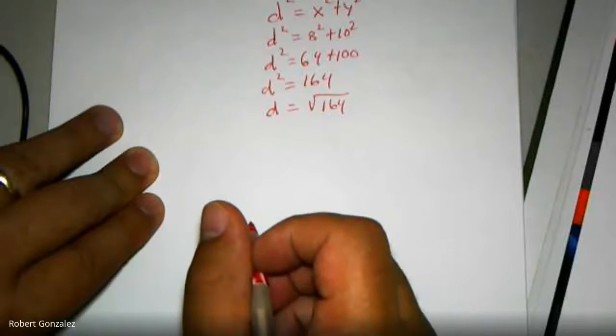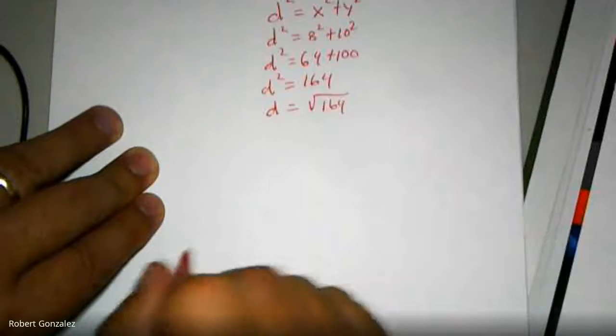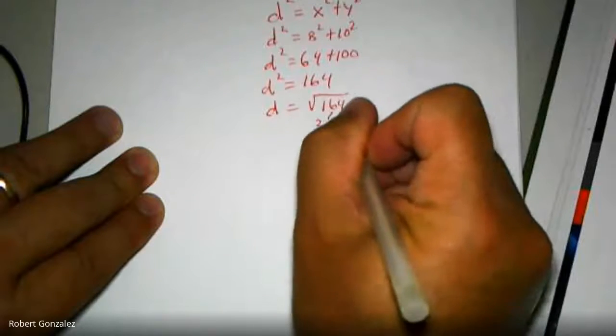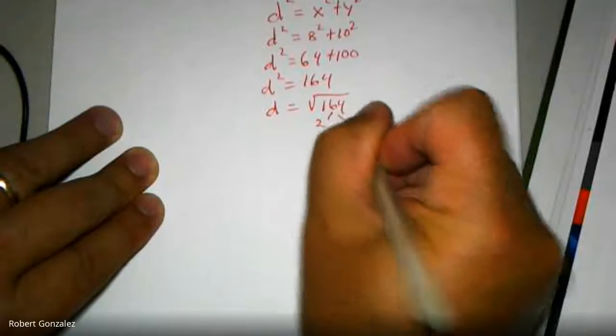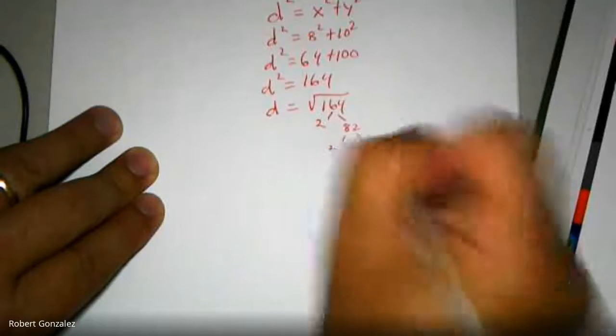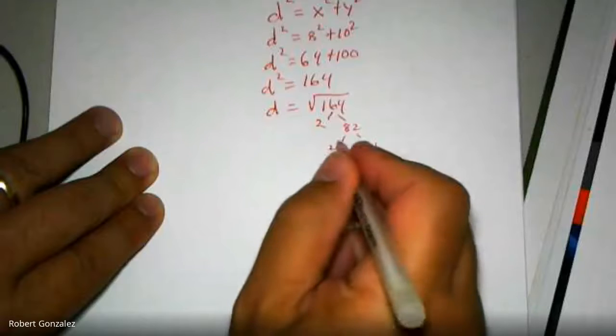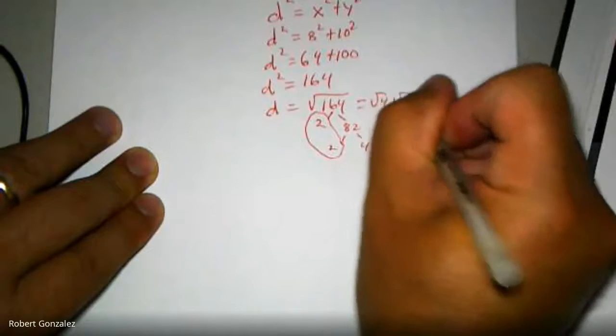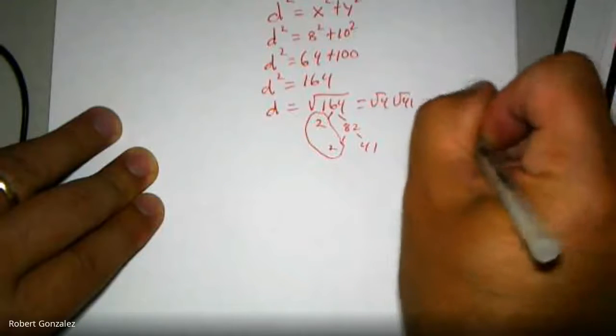Let me go through my way because I don't know the biggest perfect square that goes into it. So I'm going to do a factor tree. 2 times 82, 2 times 41. That's already prime. I can change this to radical 4, radical 41, which is 2 radical 41. I hope I'm right.